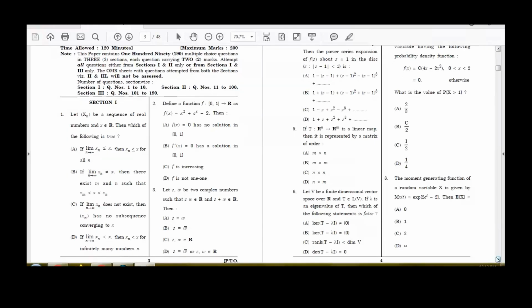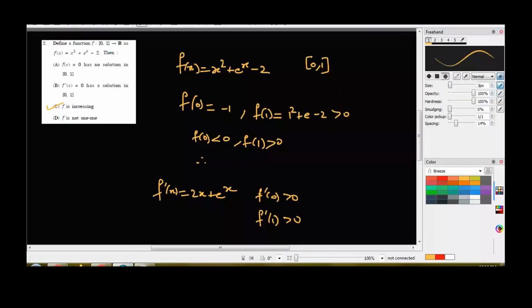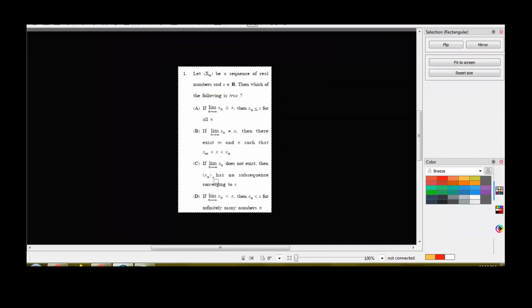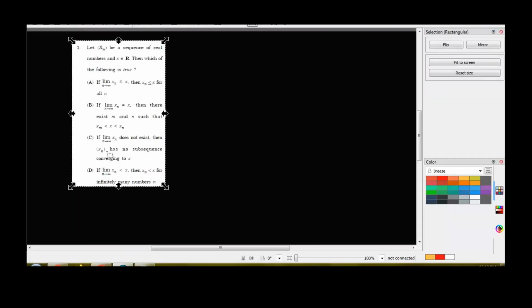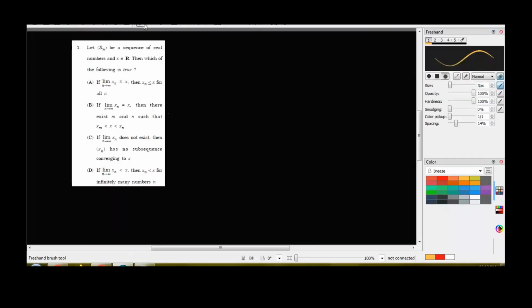The very first question in this case is a question based on sequence of real numbers. So the question reads, xn is a sequence of real numbers and x is a real value. Then accordingly, which of the relations is true?